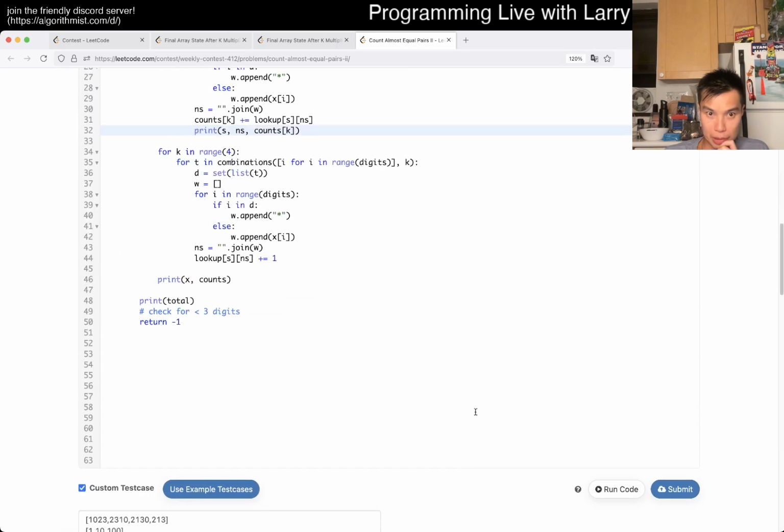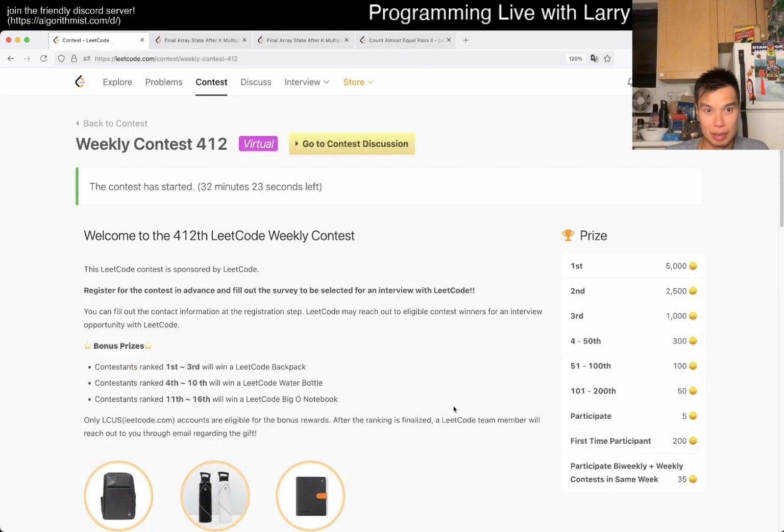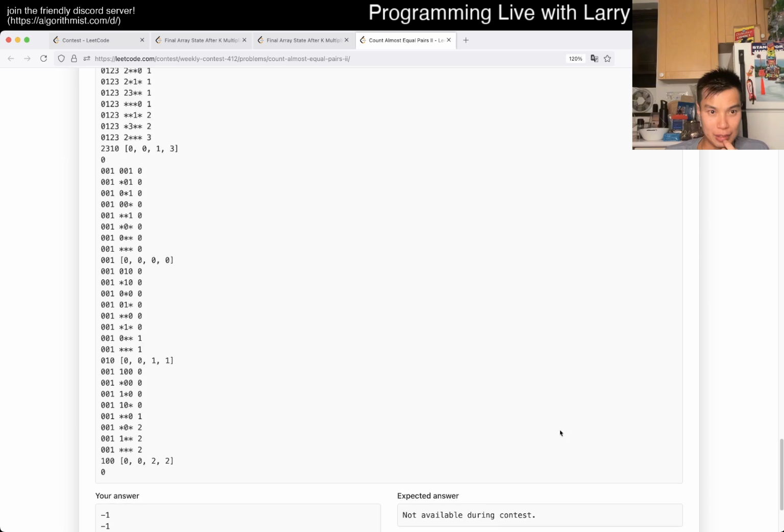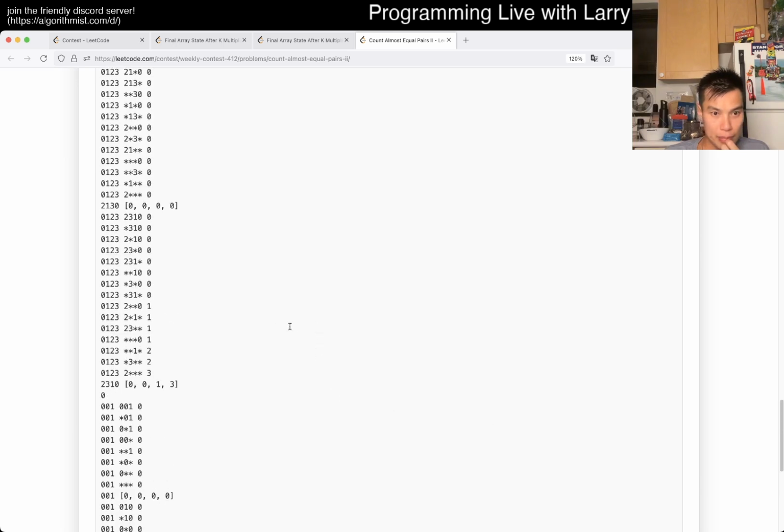This is a mess. Maybe I should have gone for the other one. How much time do I have left? 32 minutes. I don't even know if I'm going to get a third problem. How do I do the double counting?